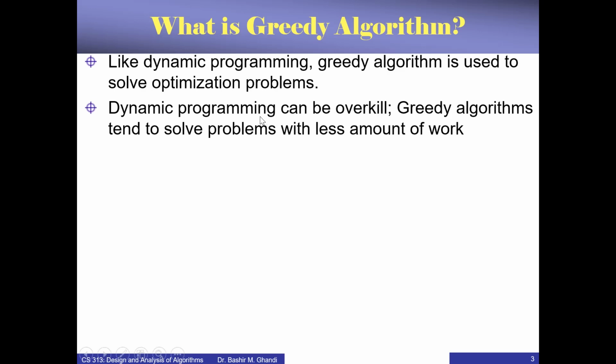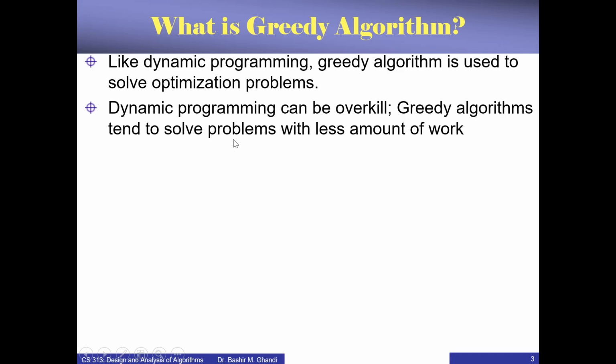In other words, dynamic programming usually involves very elaborate steps. As you know, we have to solve all the options in solving a problem before choosing a particular one. So greedy is saying, no, you don't have to do that. You can just look at the situation and choose what is called a greedy choice without the need to solve the sub-problems. Okay, so in that case, the greedy algorithm usually involves less amount of work. That's what we are saying here.